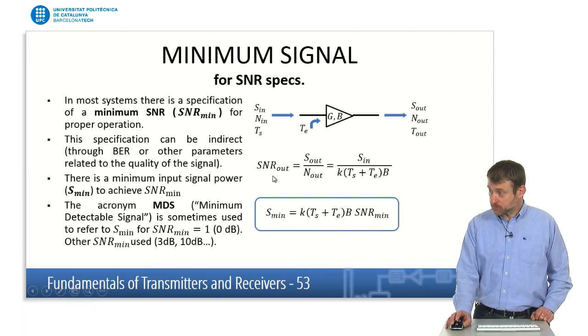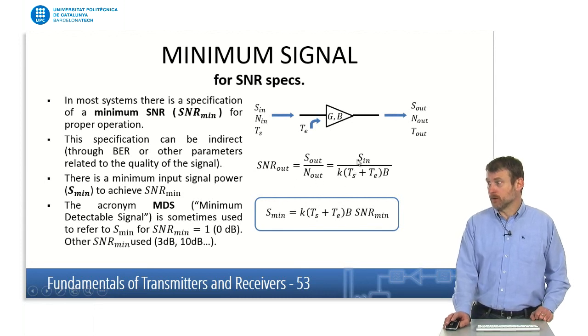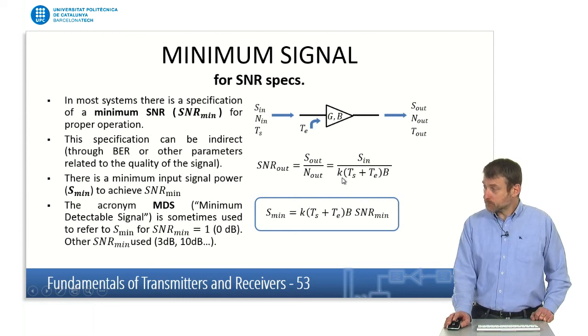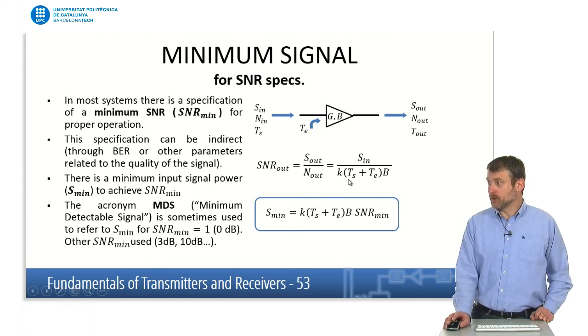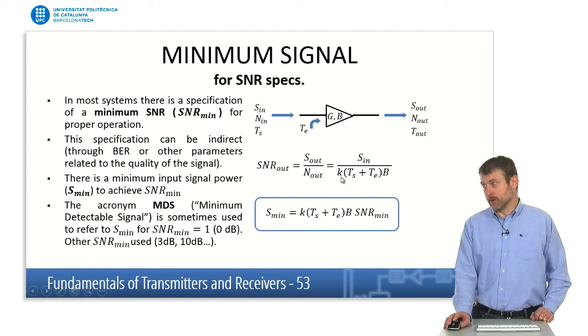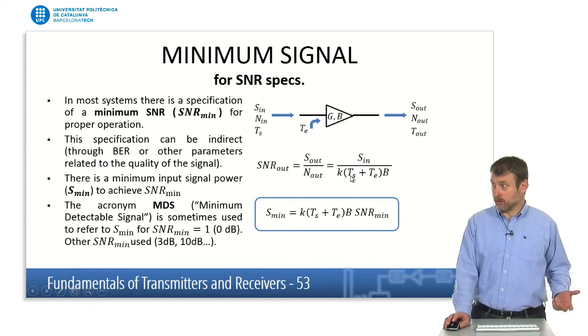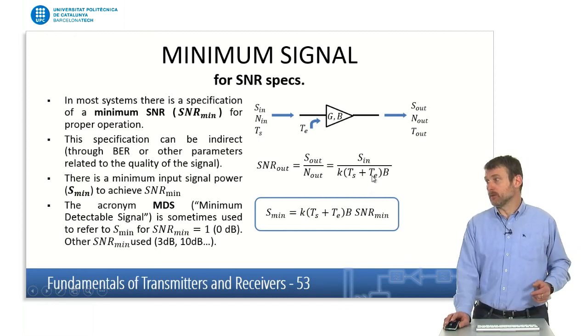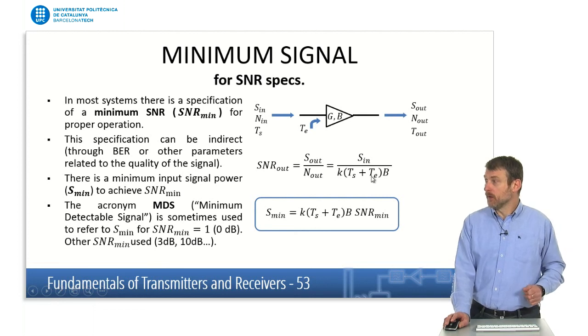And this signal-to-noise ratio would be the power of the input signal divided by the noise at the output. I'm sorry, the power of the input signal, but the noise at the input, including the noise coming from the antenna or whatever source we have, and the equivalent noise of the receiver.